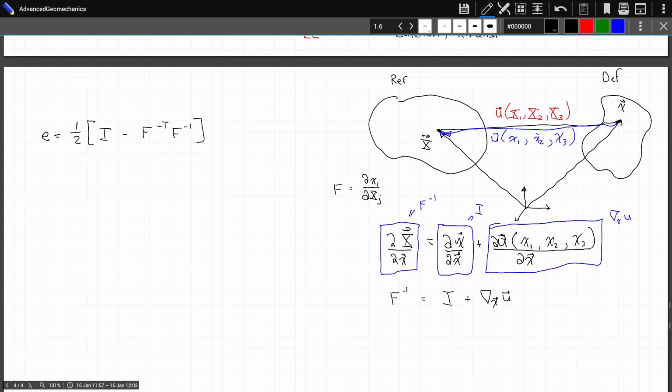And so I'm going to plug it back into our equation up there for the strain.